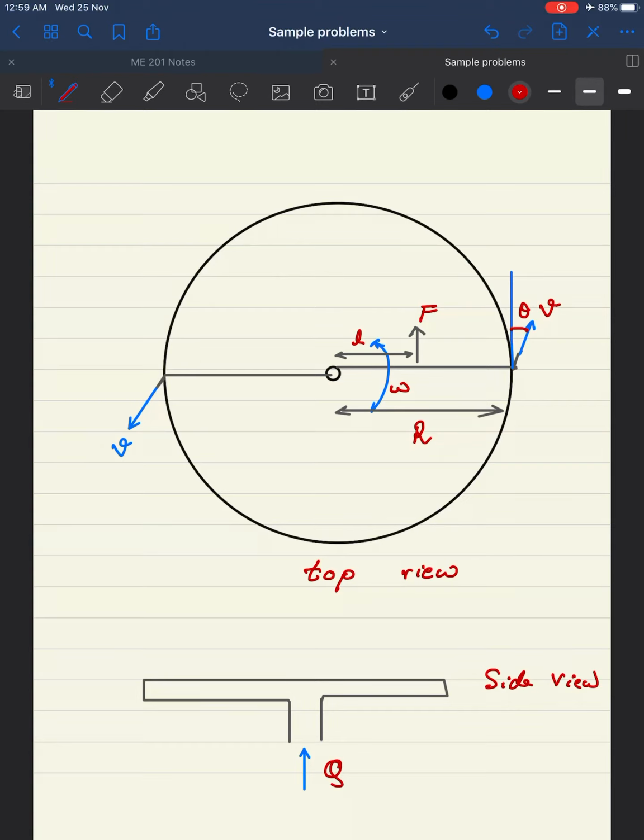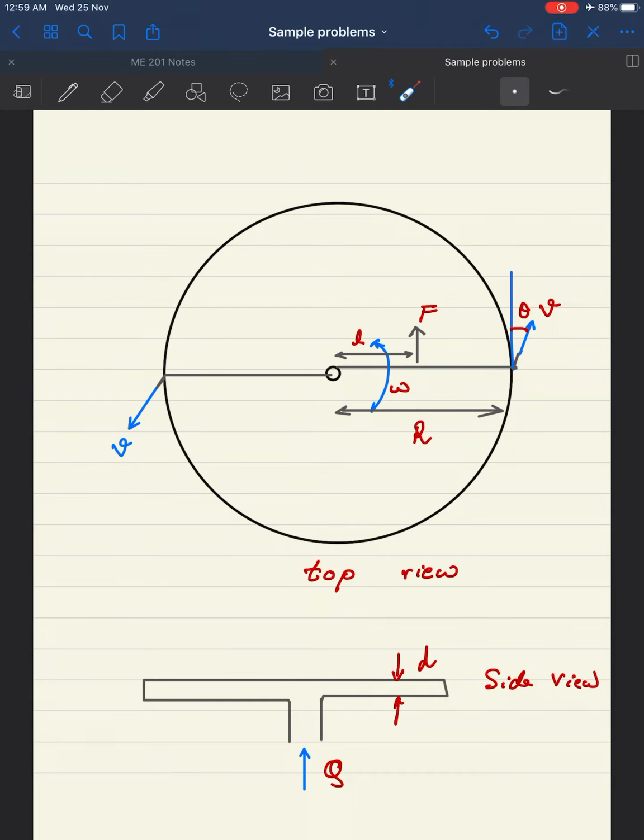So you have flow coming in at Q and it's leaving, and let's say the pipe diameter here is some small d, okay, and so this is now going to come out with a velocity v here. But in the top view, this is coming out with a velocity v such that it makes an angle theta with this normal, okay.